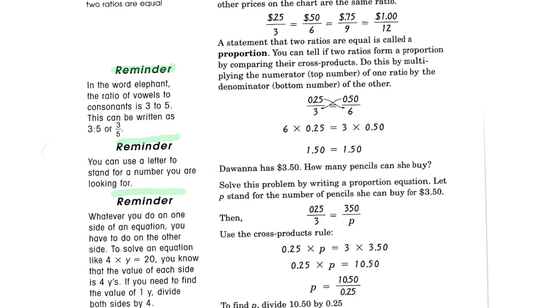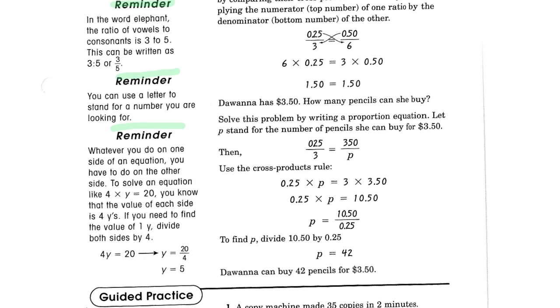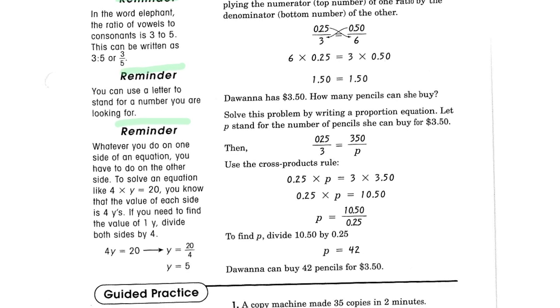So DeWanda has $3.50. How many pencils can she buy? Solve this problem by writing a proportion equation. Let P stand for the number of pencils she can buy for $3.50. So we know that 25 cents to 3 equals $3.50 to how many pencils she can buy.